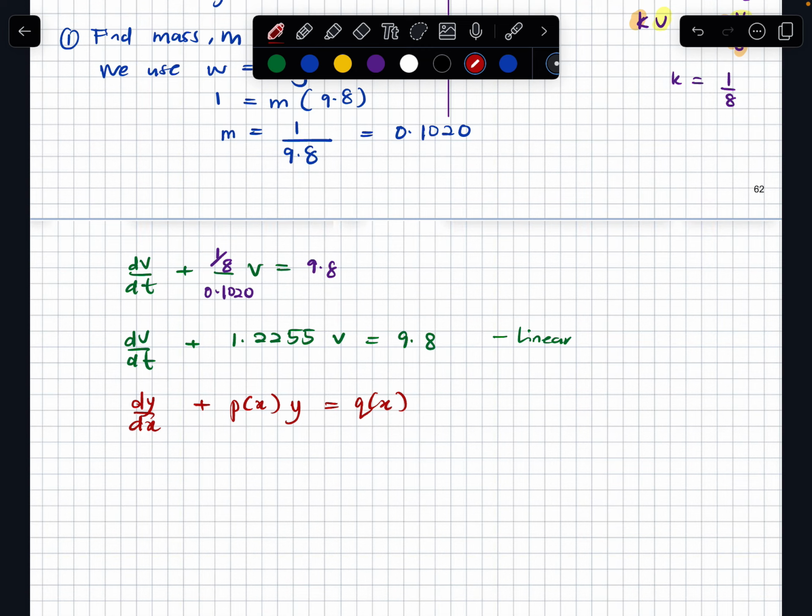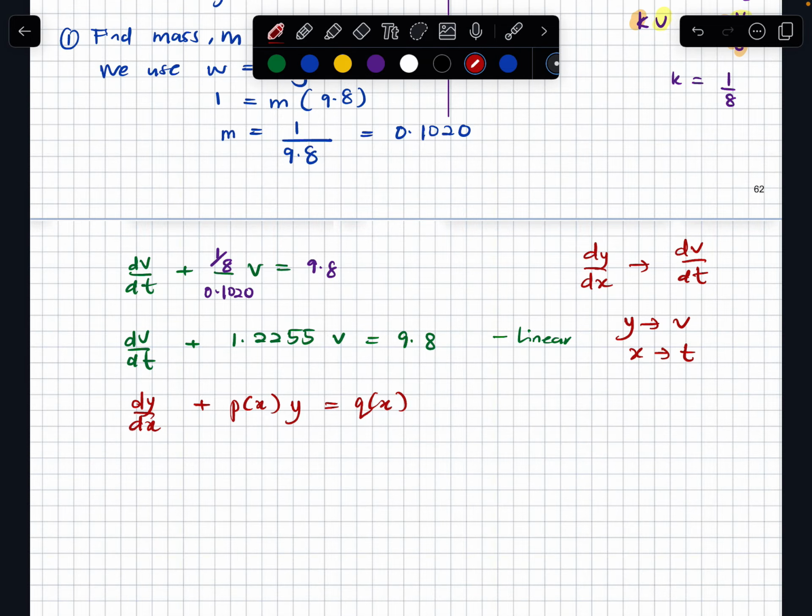Since our problem here is dv/dt, but the formula applies dy/dx, you should note that y should be replaced by v and x should be replaced by t.